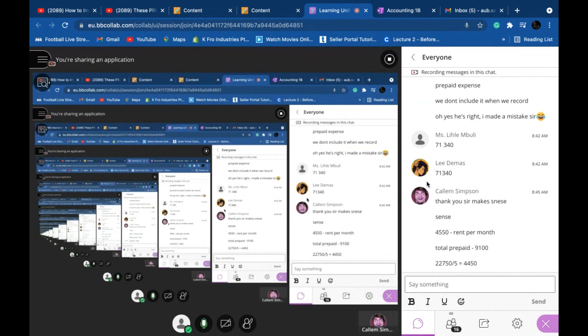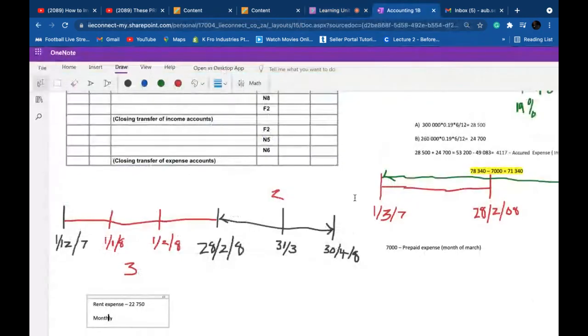So we have to divide the 22,750 by 5. Let's do this. At column, highlighted 750 divided by 5, and that obviously gave us the monthly, which is 4,550.